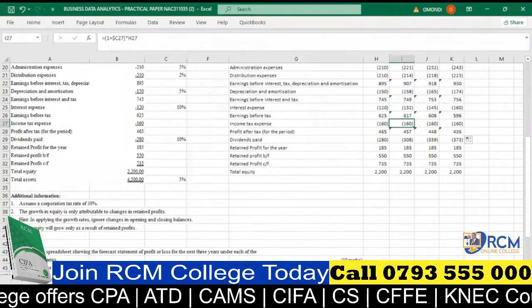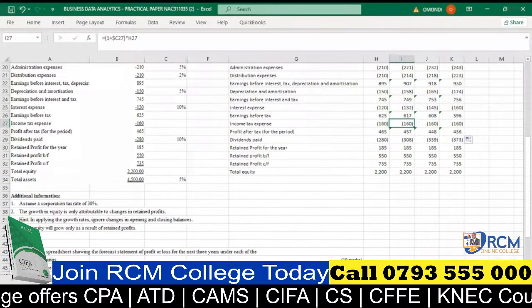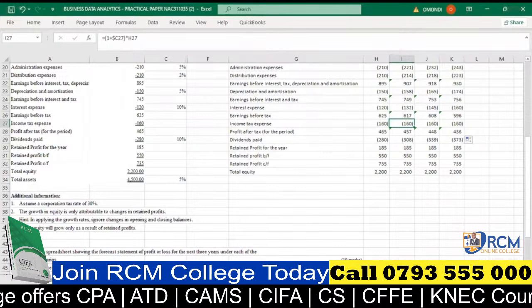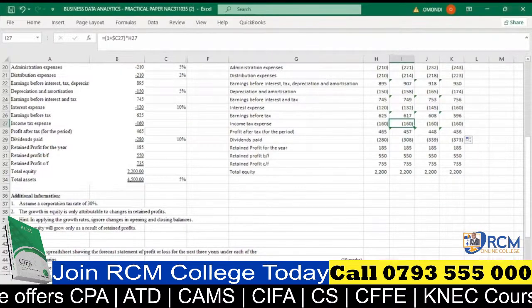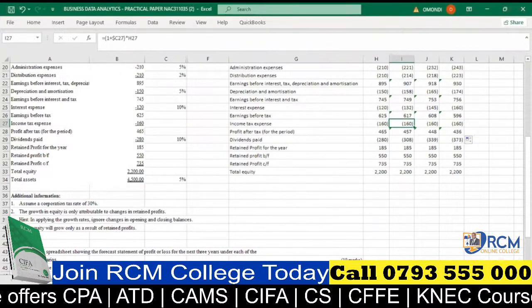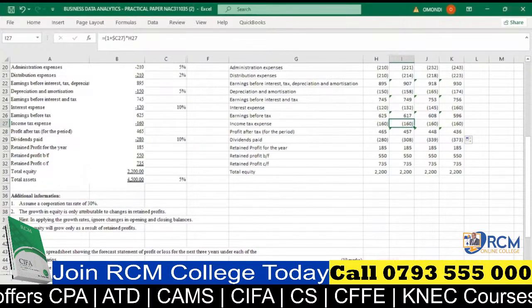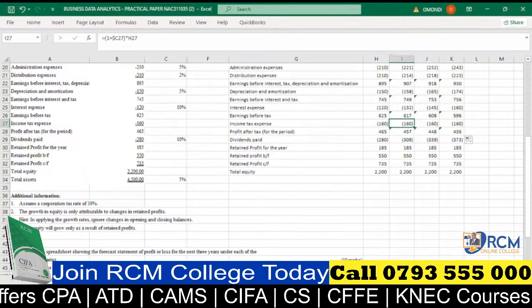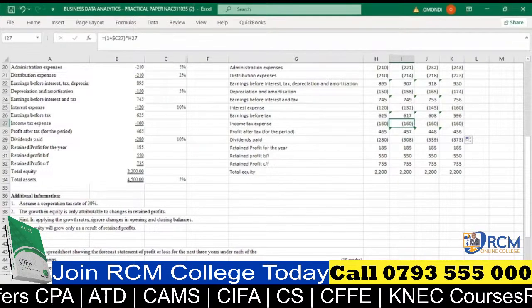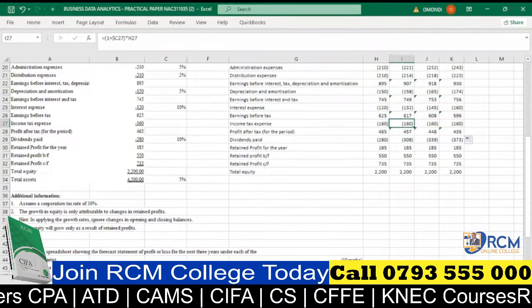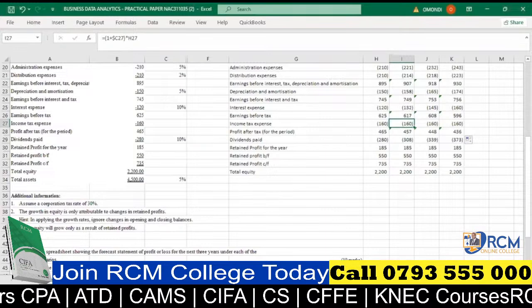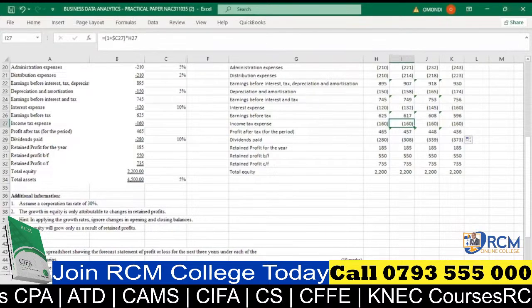Income tax expense is given and there is no increase, so it is assumed constant. So that is for 2023. Taxes is not increasing, but it is constant. Yes, the rate is constant, but the values will be different because remember it is 30% of something.